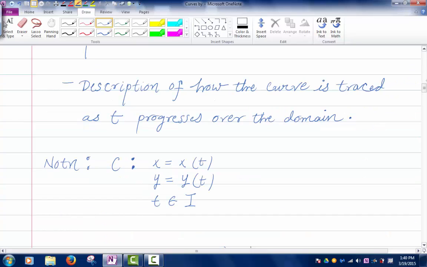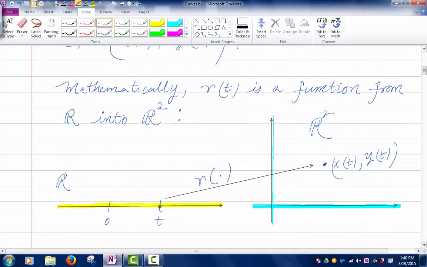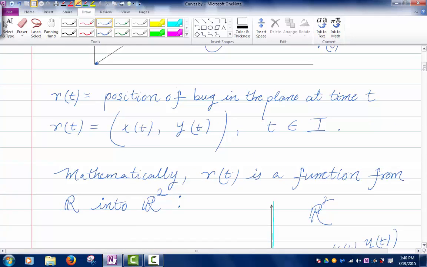A parametrized curve is any function of t, where R of t is a point. So you can think of the point having two component functions, the x coordinate function and the y coordinate function.